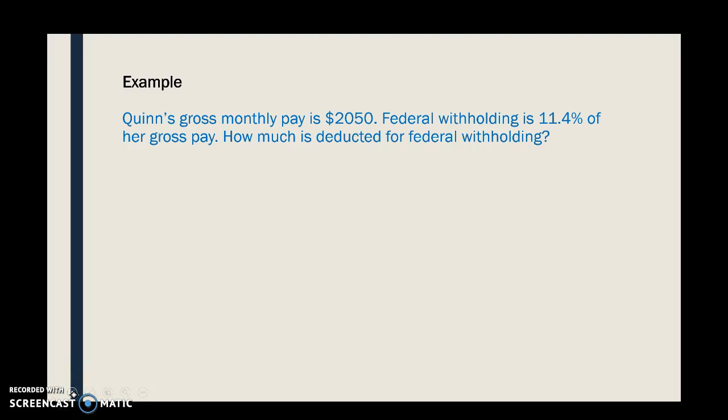Okay, so here's our example. Quinn's gross monthly pay is $2,050. Federal withholding is 11% of her gross pay. How much is deducted for federal withholding? So we know our formula is net pay equals gross pay minus withholding.